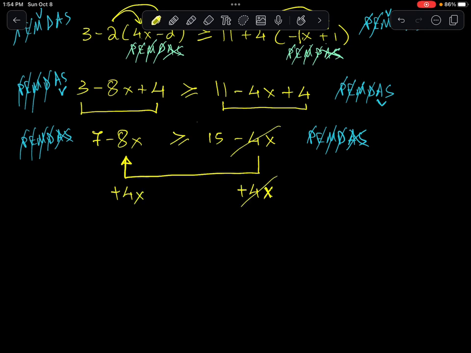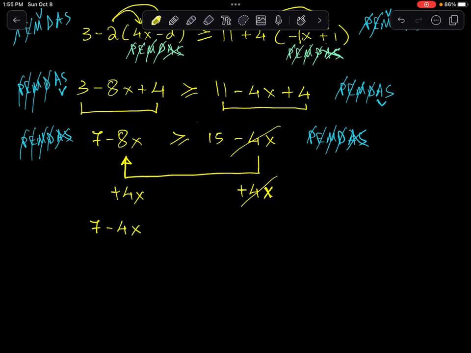So those will be eliminated, but then I will have a 4x to be combined to the negative 8x on the left. Can 4x be combined to 7? No, because they are not like terms. Okay, so what do I get? 7 drops. Negative 8x and 4x will be combined and give me a negative 4x.